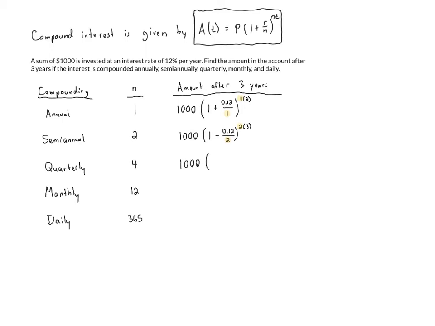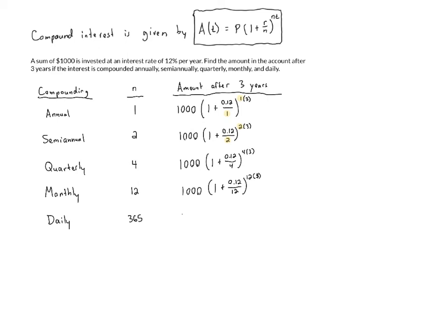We're going to have 1,000 times 1 plus 0.12 over 4 to the 4 times 3 power. And then for monthly, 1,000 times 1 plus 0.12 over 12 to the 12 times 3 power.